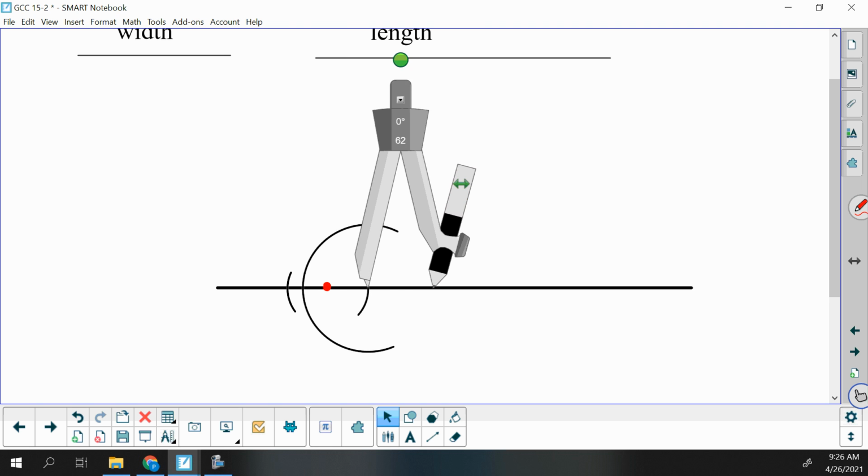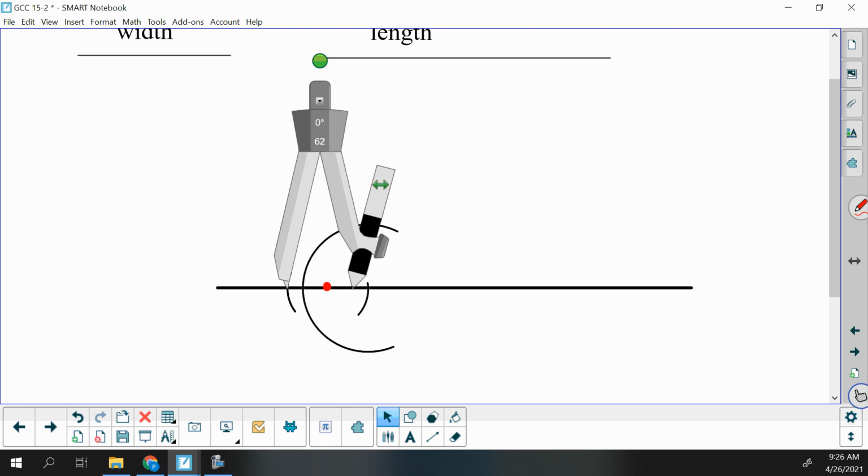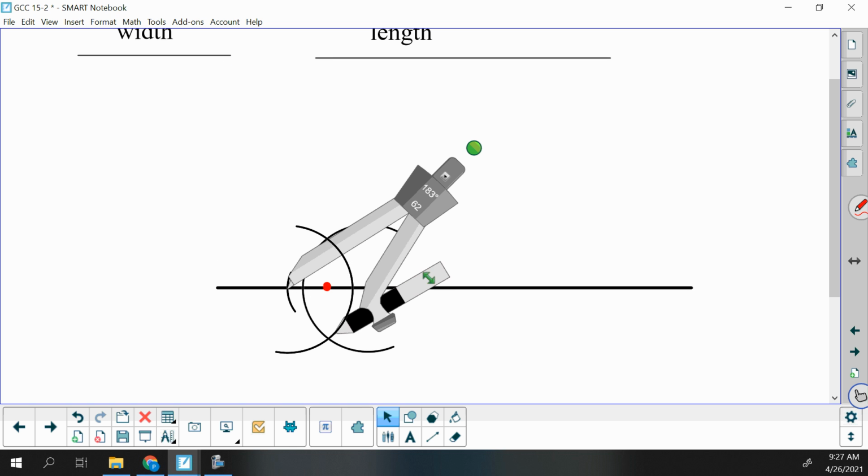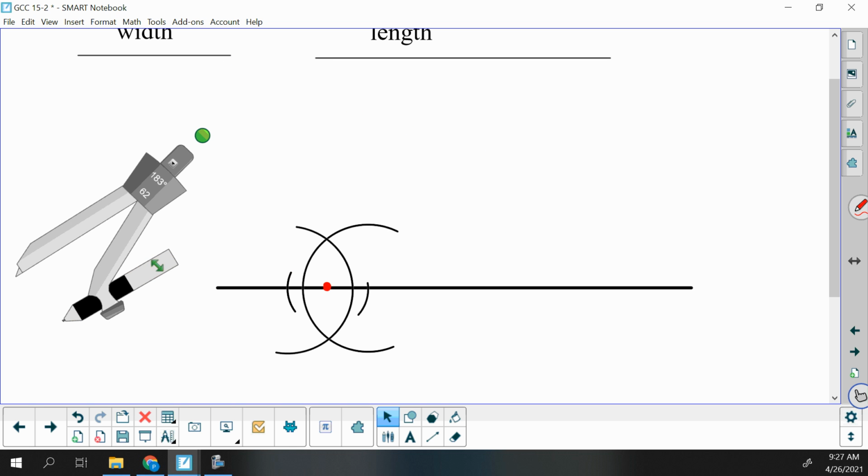And then we're going to reverse it. We'll put our point over on the other intersection, keeping the width of our compass exactly the same, swoop it up and swoop it down. And then if we connect our intersections, it should automatically go through that point and extend it a ways up as well.